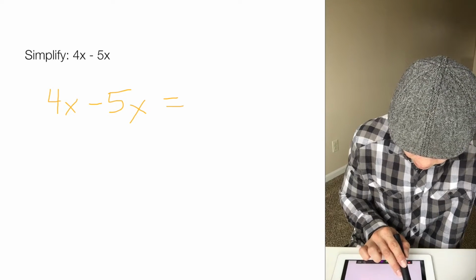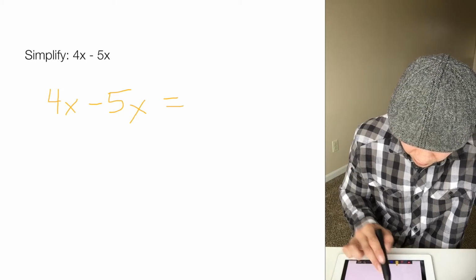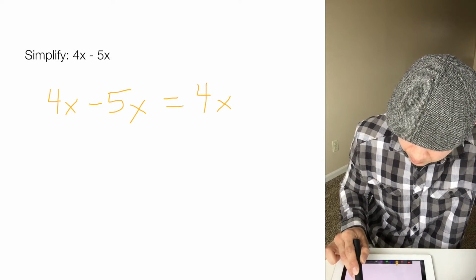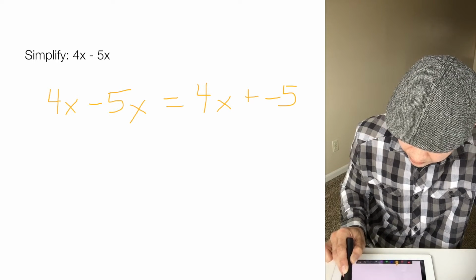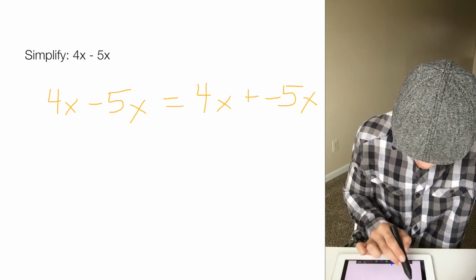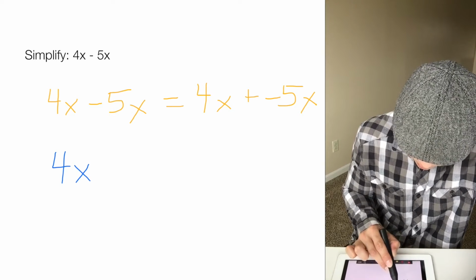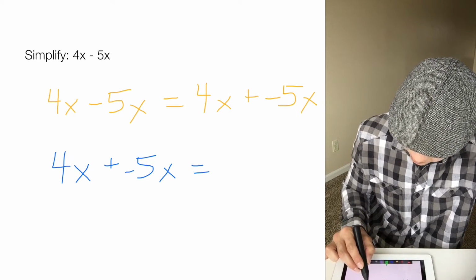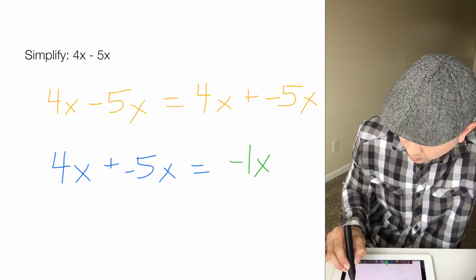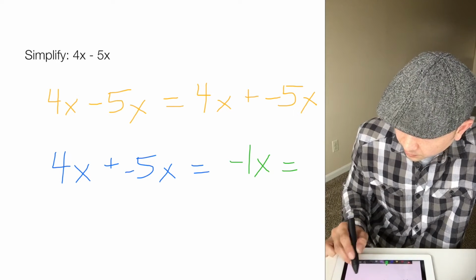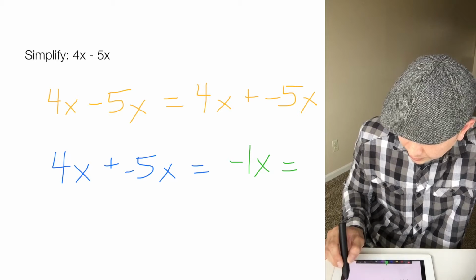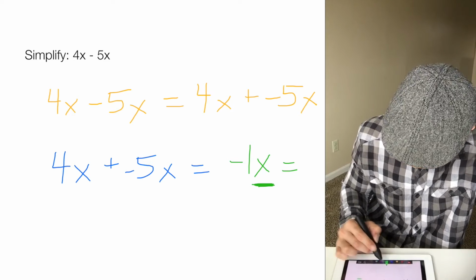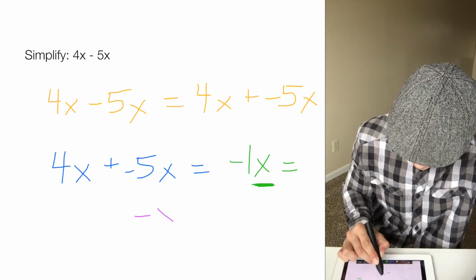So here we have 4x minus 5x, so we can say that's like 4x plus a negative 5x. So we have 4x plus negative 5x, which gives us negative 1x. And we know that any number multiplied by negative 1 is the negative inverse of that number. So the negative inverse of x is negative x.